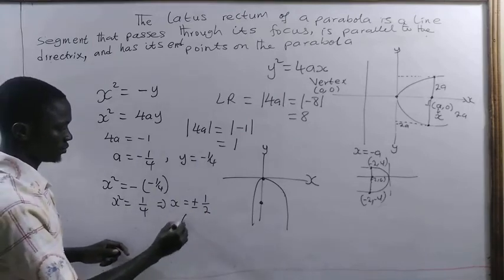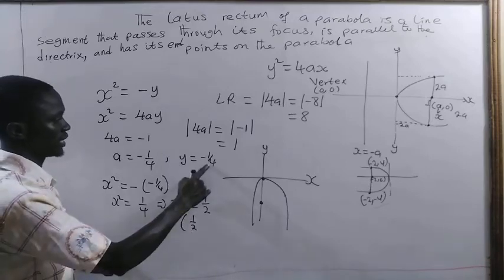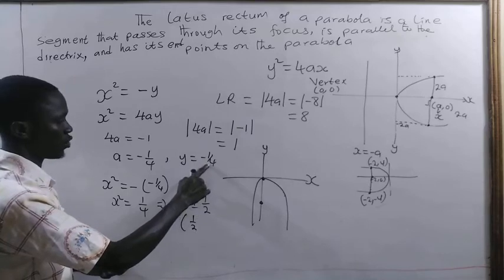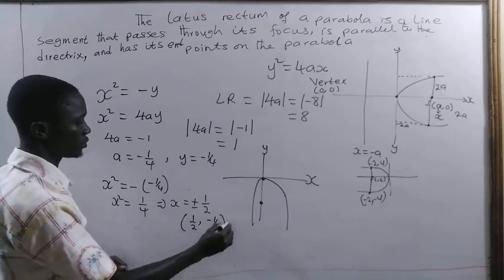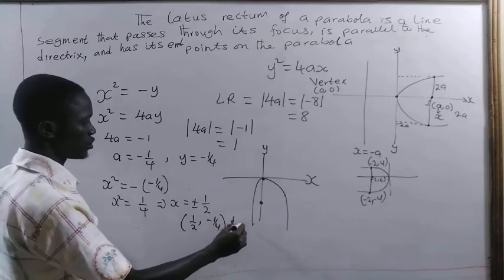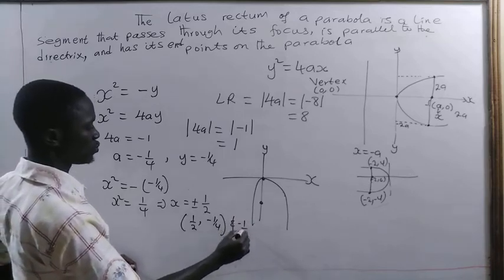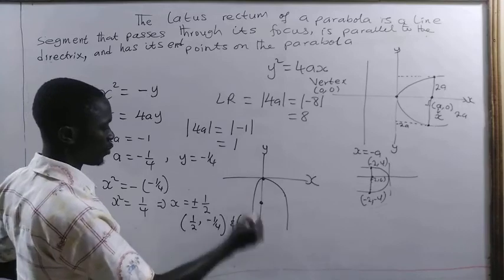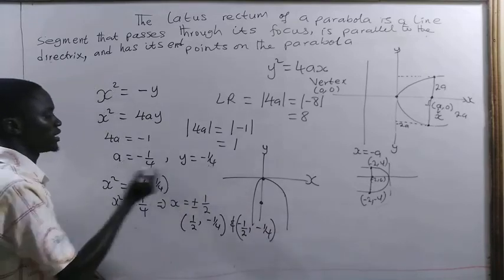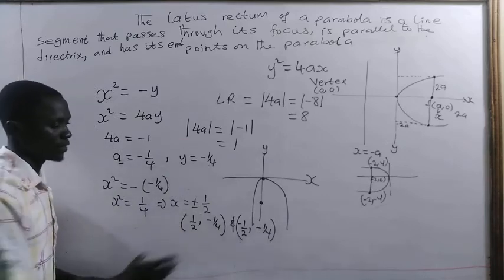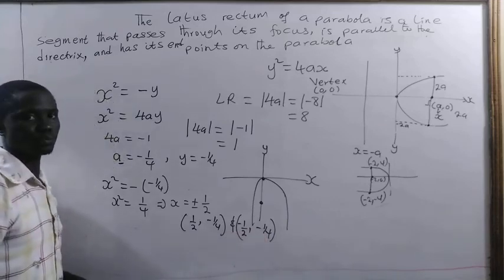We have positive 1 over 2, and then we are going to have our y to be -1 over 4, and we have negative 1 over 2, and we're going to have our y to be negative 1 over 4. So it is the y or the a, because they are all the same. So these are the endpoints of the latus rectum.